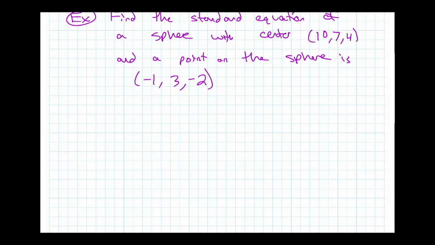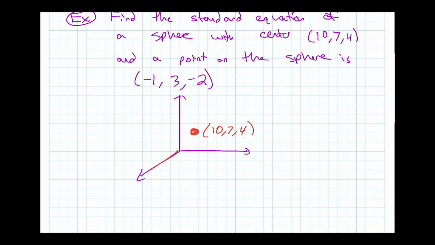Now in 3D, I don't really want to draw this very well, but you just have this point here, 10, 7, 4. I don't really care about drawing it in the right place, so it's just 10, 7, 4, somewhere in space.